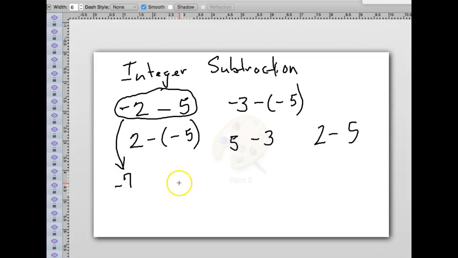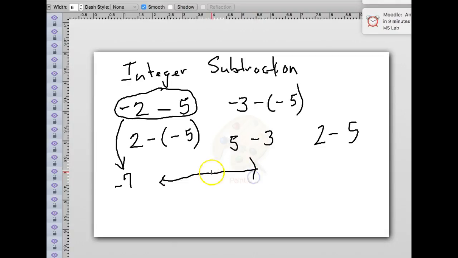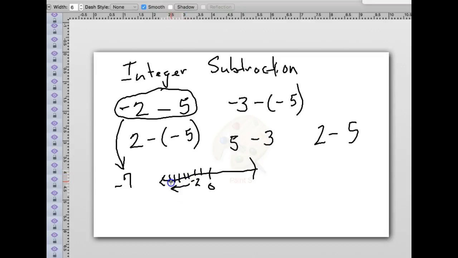Or if I were to use a number line, I go to -2, then minus 5, I'm going 5 more this way: 1, 2, 3, 4, 5. I end up at -7.